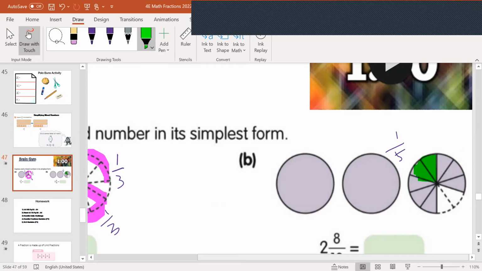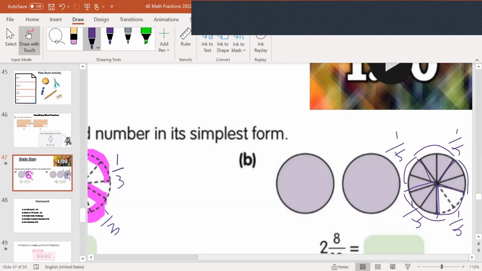Can you see? So now I have fifths each. So I'm actually grouping into fifths.